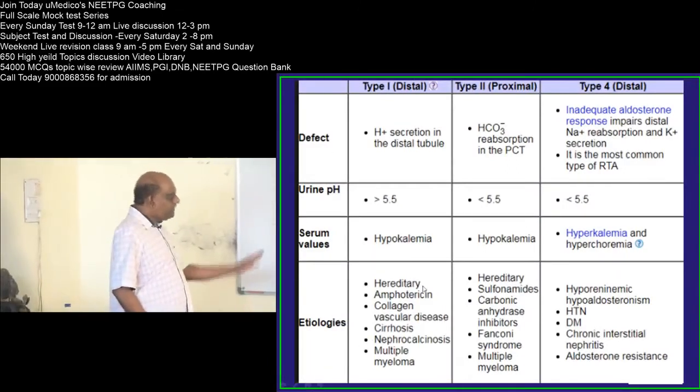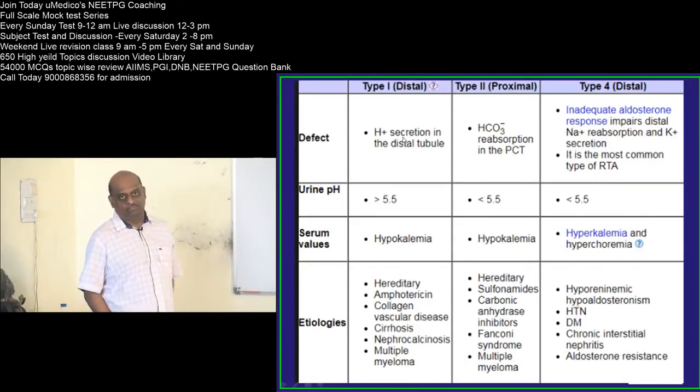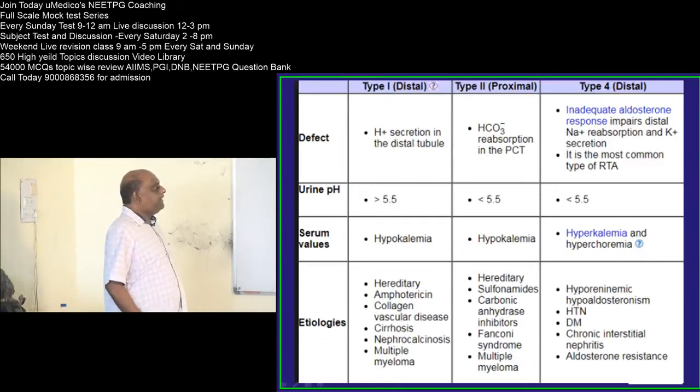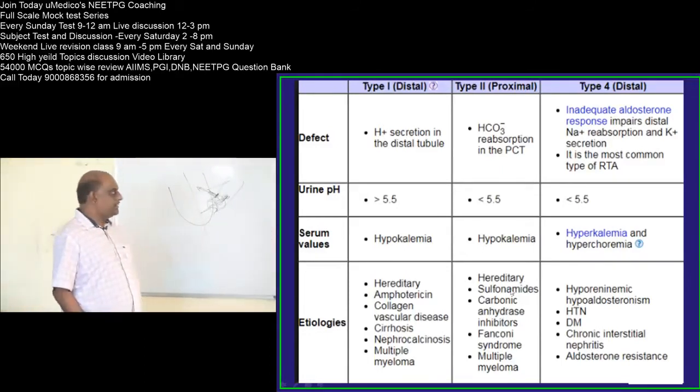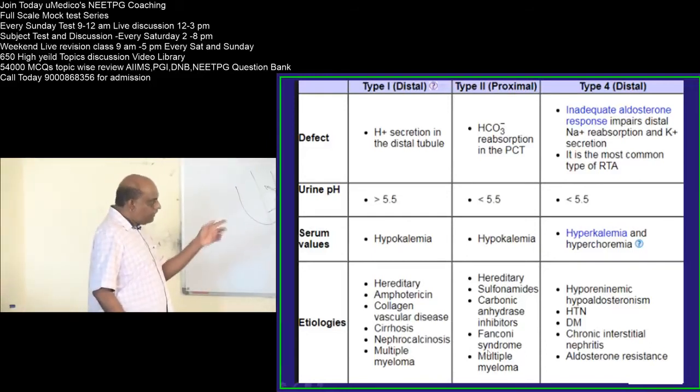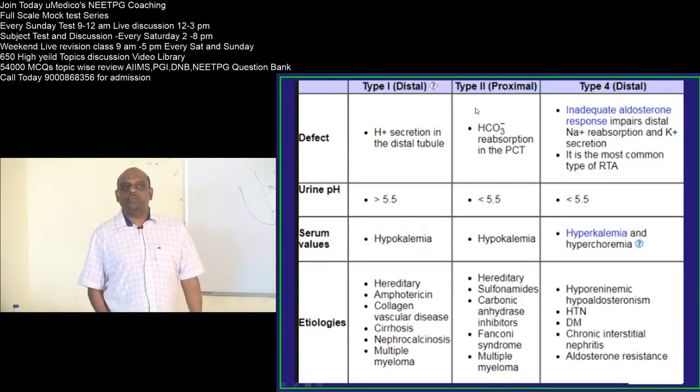Amphotericin, collagen vascular disease, cirrhosis, nephrocalcinosis, multiple myeloma, type 1. Whereas hereditary causes, sulfonamides, carbonic anhydrase inhibitors, Fanconi syndrome, multiple myeloma, they all can cause proximal RTA.